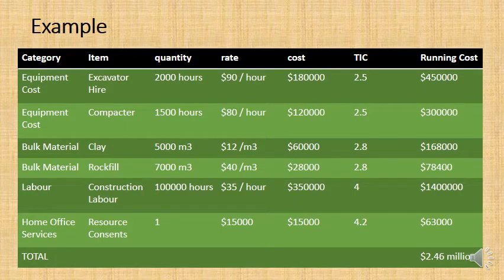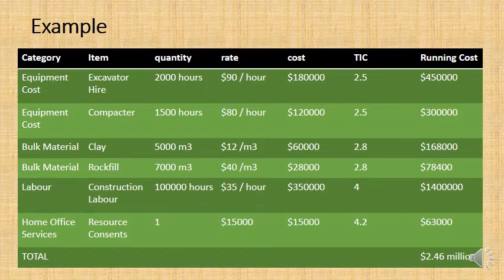In the first line, you can see in the black title, the first column is category, the category that each item sits under. With those categories, there is an assigned total installed cost factor, and we'll get to that later. With the items, you multiply the rate by the quantity, and that gives you a cost for that item.